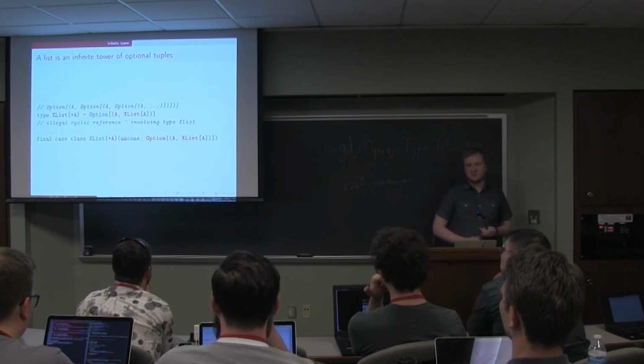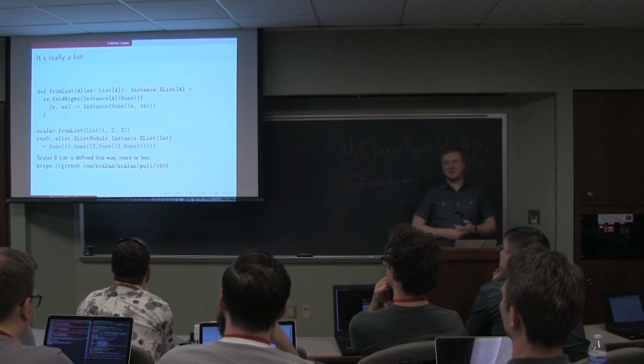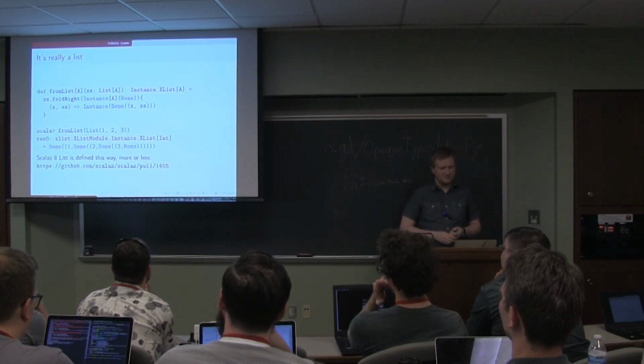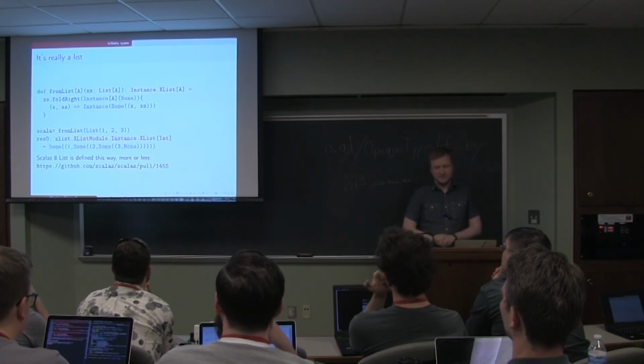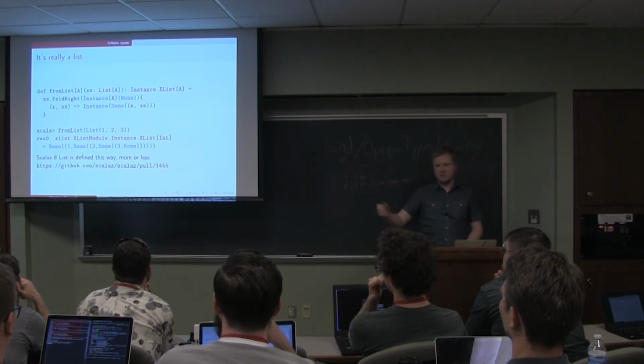But with opaque types, we can. So first of all, I'll demonstrate that. I defined an opaque type, XList, and a way to make a normal list into an XList here. And then I've gone ahead and done it. And when I do that, it looks like what you see at the bottom. Some of 1, some of 2, some of 3, and none.